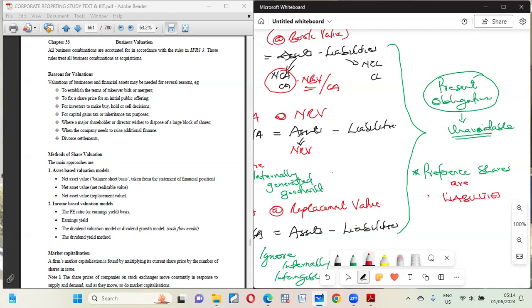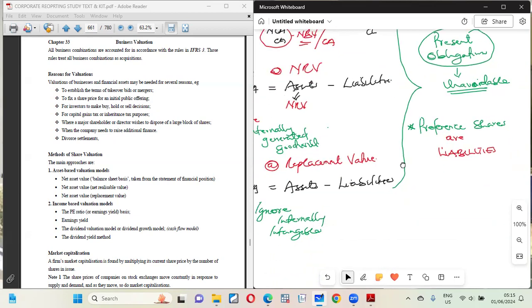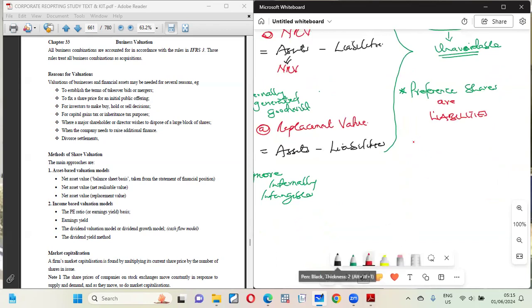But what you are supposed to understand is that because you have an obligation to pay the interests and also the redemption value, it is a liability. Take note of that. So the liabilities of a preference share include its unwinding interest and what? Its principal.